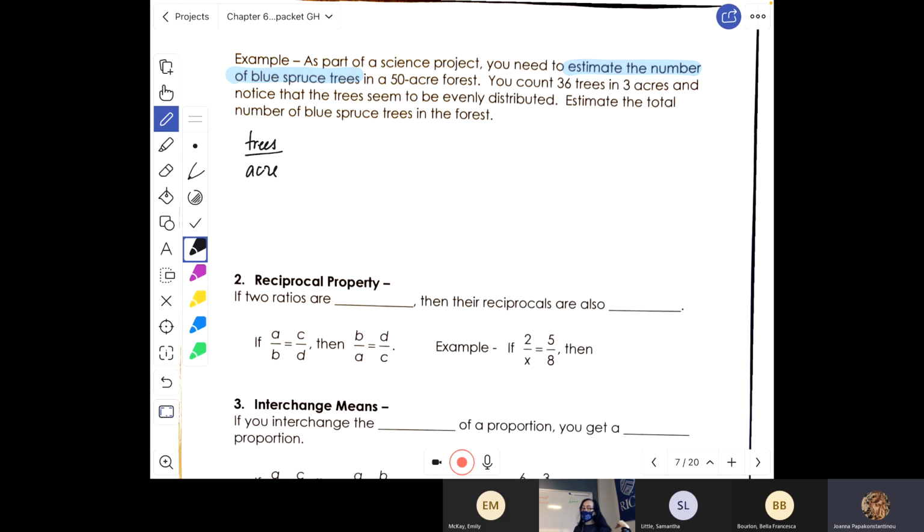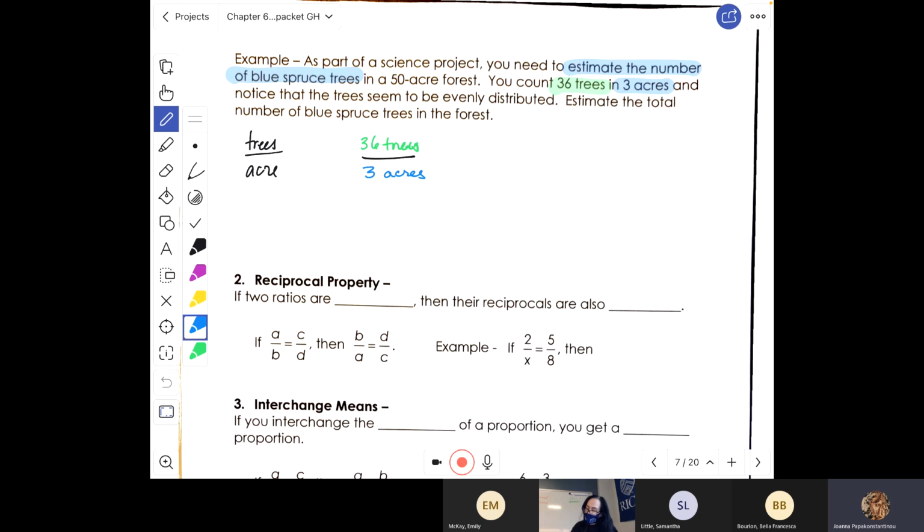You count that there are 36 trees. In how many acres? In 3 acres. So do you see my ratio of trees to acres? They gave me that. That's given information. I have 36 trees for 3 acres.